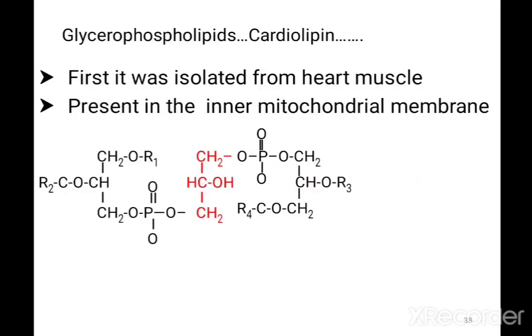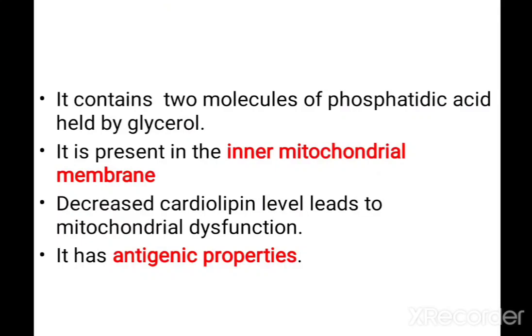It was first isolated from the heart muscle and it is present in the inner mitochondrial membrane. What is the significance of this cardiolipin? This cardiolipin has antigenic properties. So cardiolipin is the phospholipid which has antigenic properties.